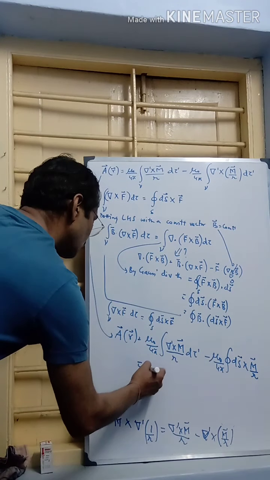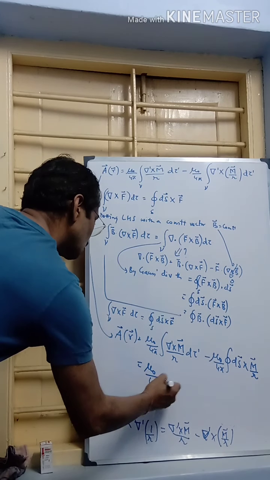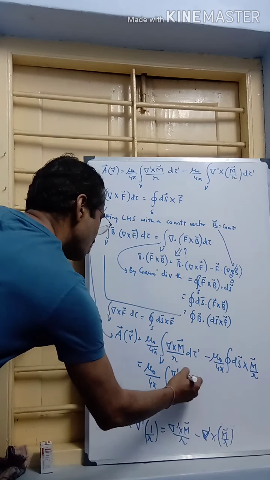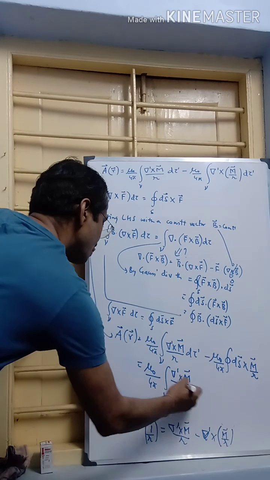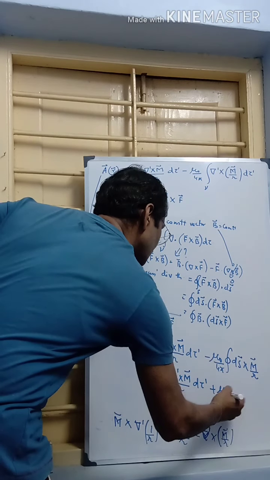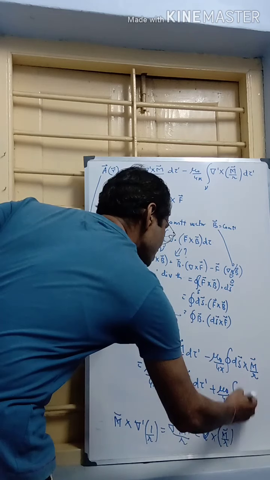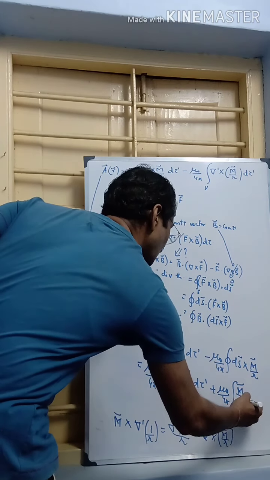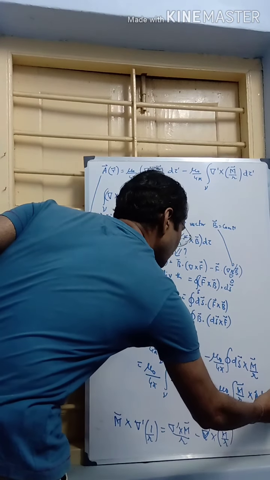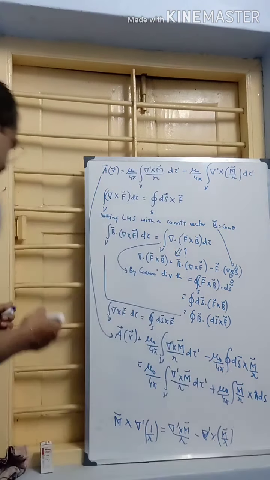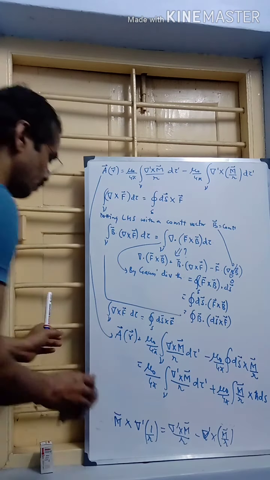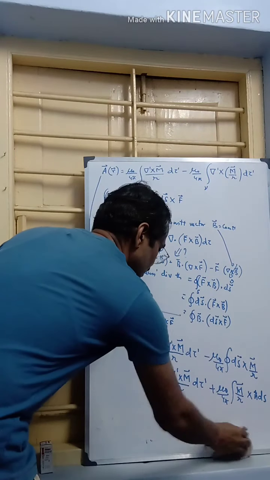So we can write the vector potential as A, where the first term is a volume integral and the second is a surface integral. Just interchanging, it is m by r cross n ds, where n is the unit vector perpendicular to the surface.